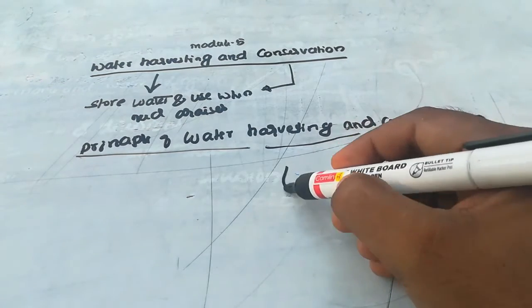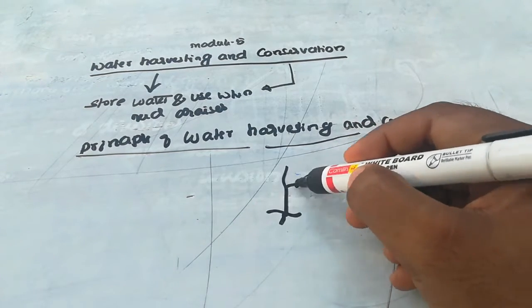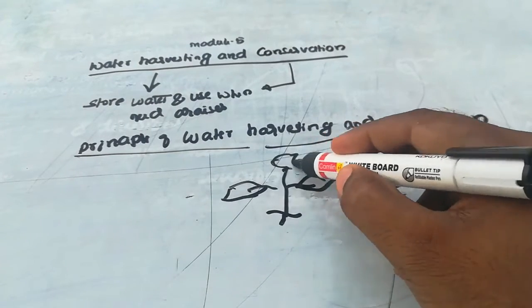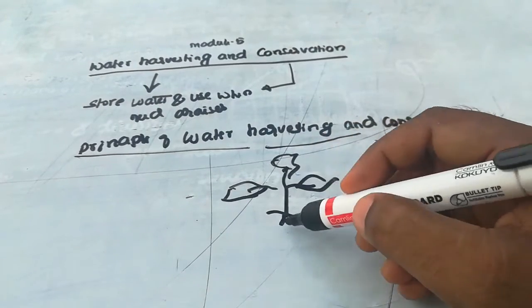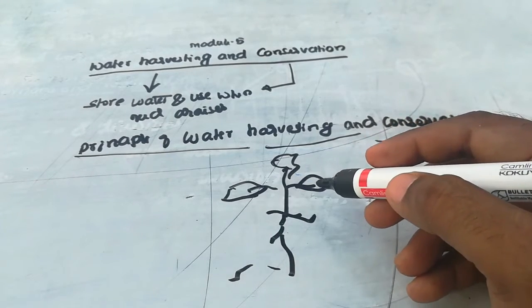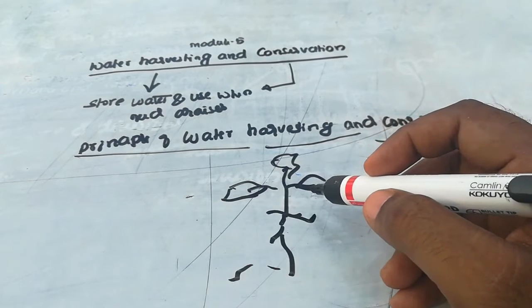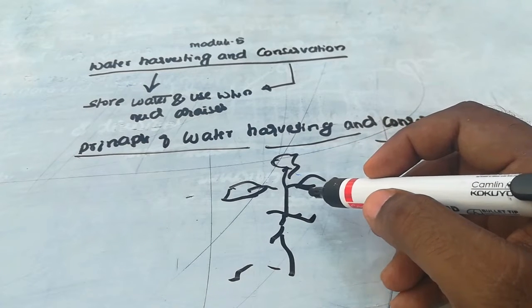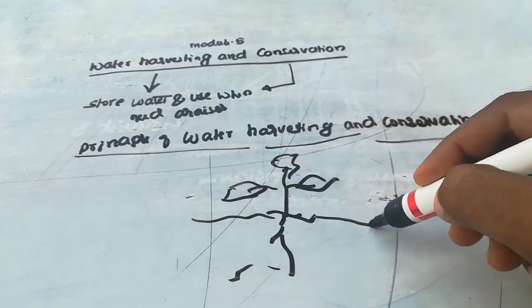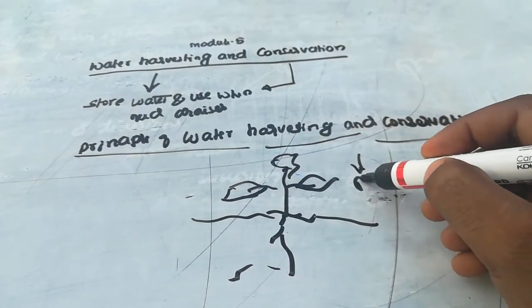So for example, this is one crop. When we use water for crops, the water is used through the root. The plant uses water by different techniques, like what we are pouring right now, or when rainfall comes.